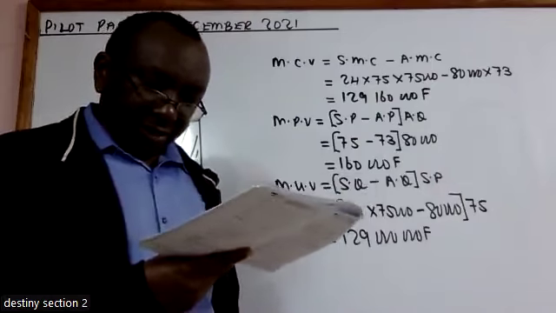The whole of this you divide by 8. 19.39.